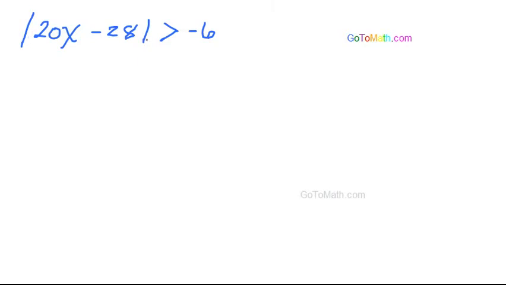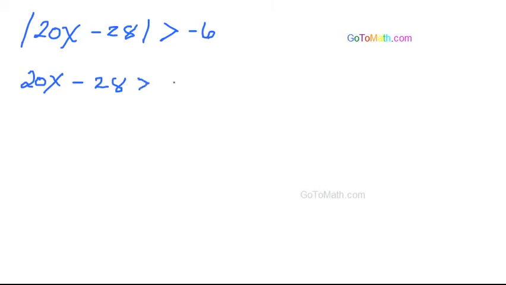So we have this thing greater than negative 6. It's like no matter what we plug in here, it's always going to be greater than negative 6. So I want you to think about that. But we're going to go ahead and go through the algebraic steps like we've been doing, and see what we arrive at.